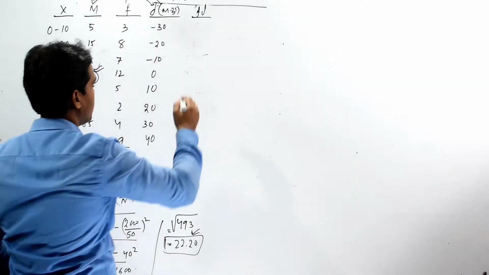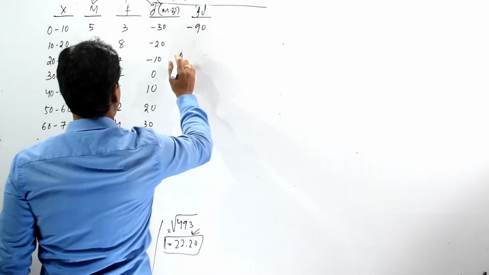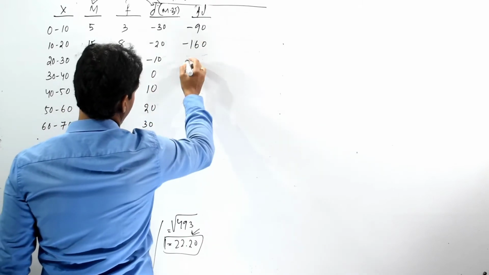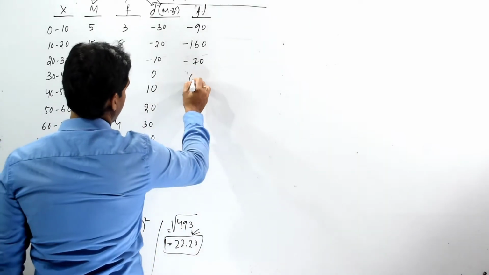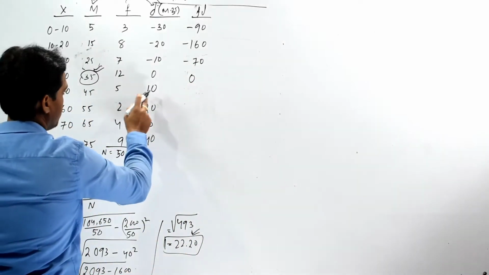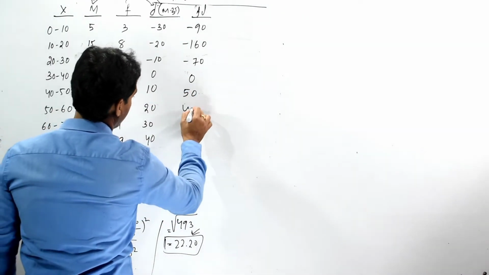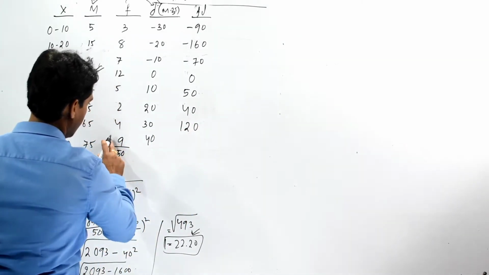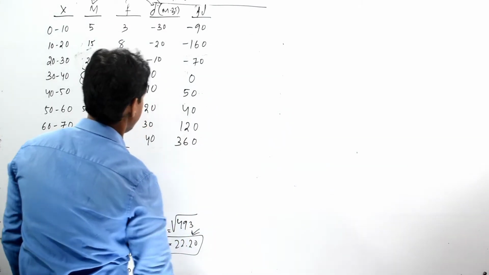3 into minus 30 equals minus 90, 8 into minus 20 is minus 160, 7 into minus 10 is minus 70, 12 into 0 is 0, 5 into 10 is 50, 2 into 20 is 40, 4 into 30 is 120, 9 into 40 is 360.